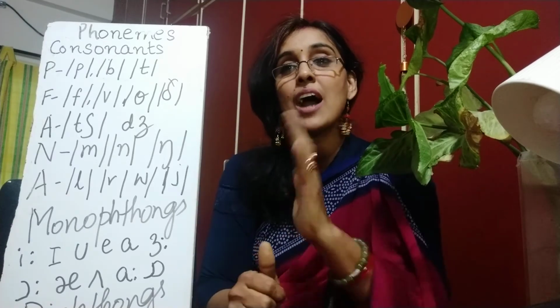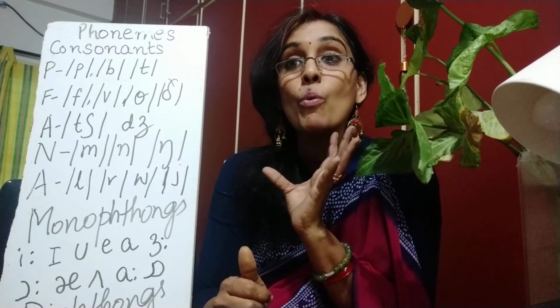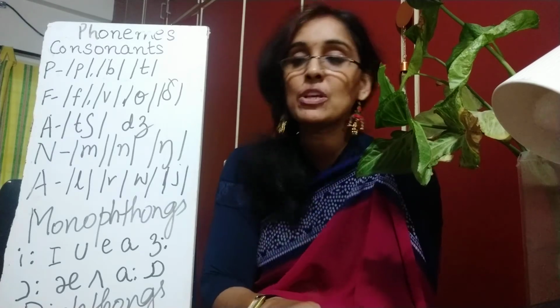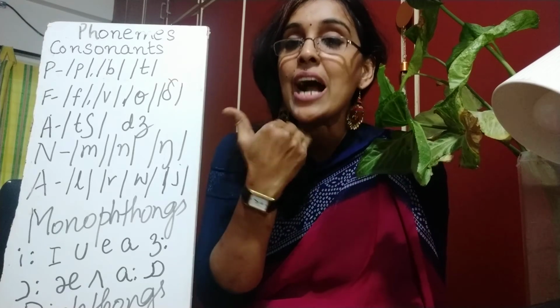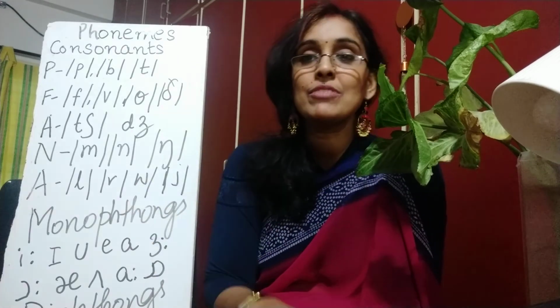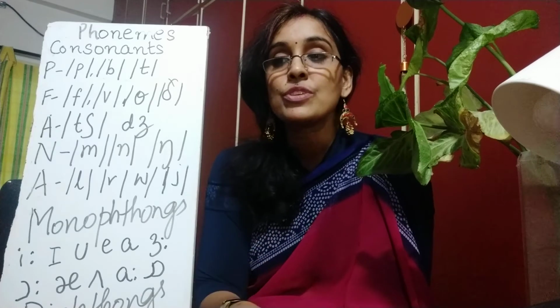Vowel sounds are a, e, u, a, i, o. These are the sounds of vowels. Why are they called vowels? Because there is no blockage of air while we utter these sounds.